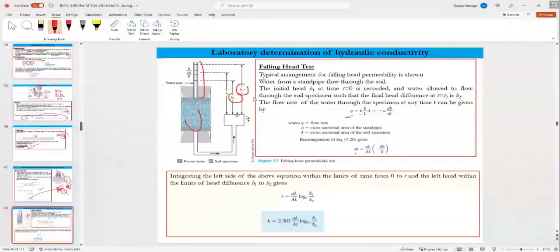That is the same quantity that goes through the small pipe area, dH over dt.